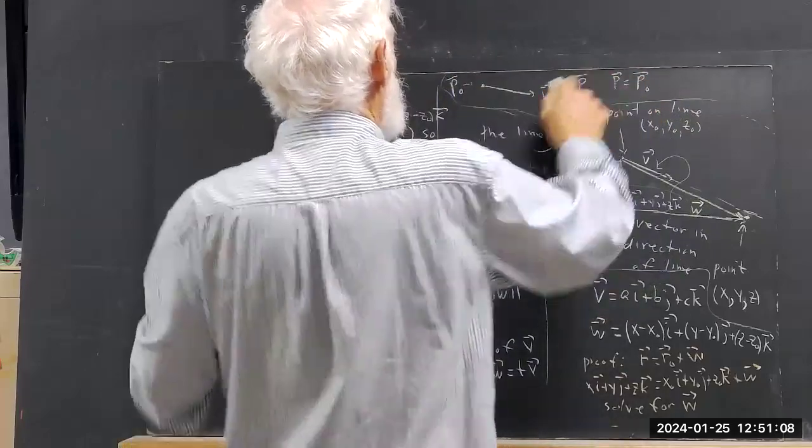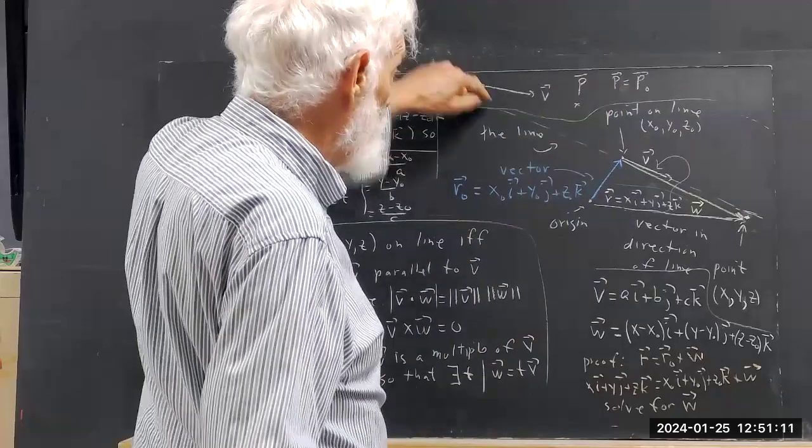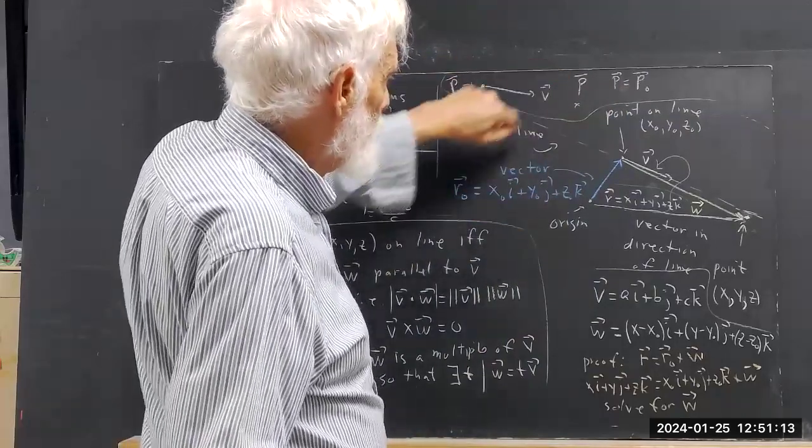So P naught is a vector from the origin out to this point. P is identified with the vector from the origin to this point.